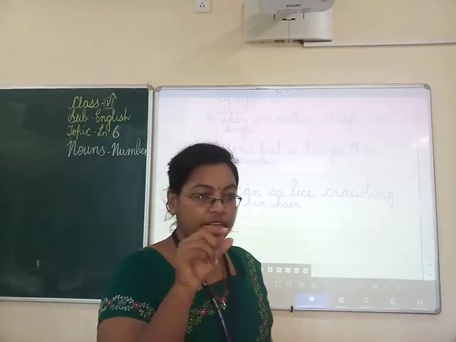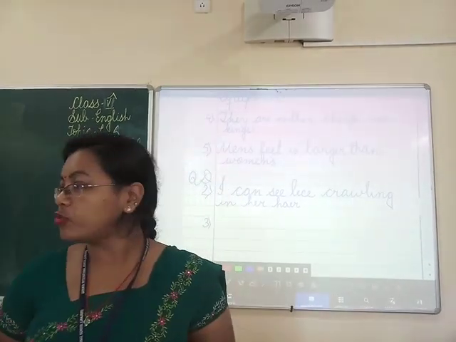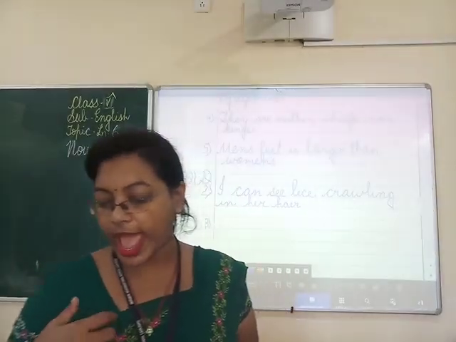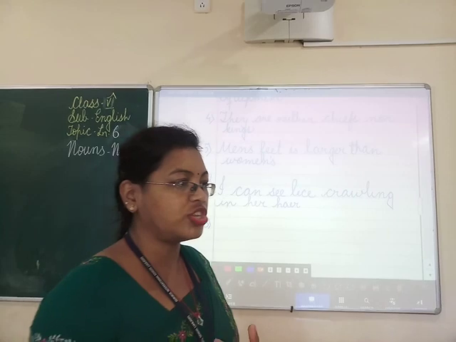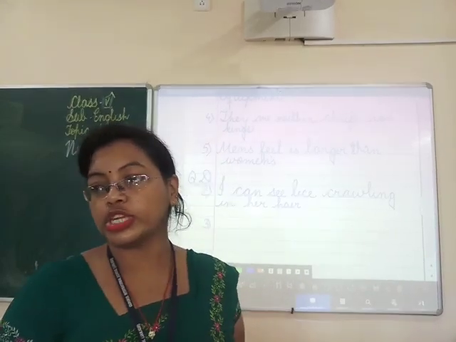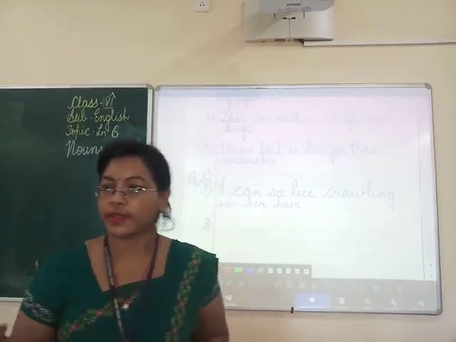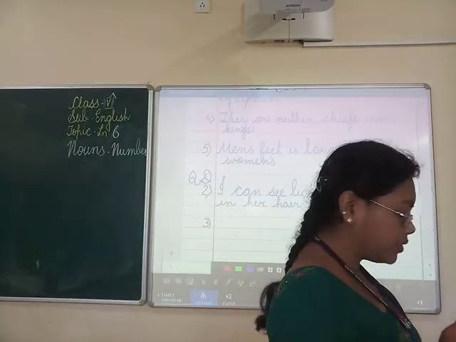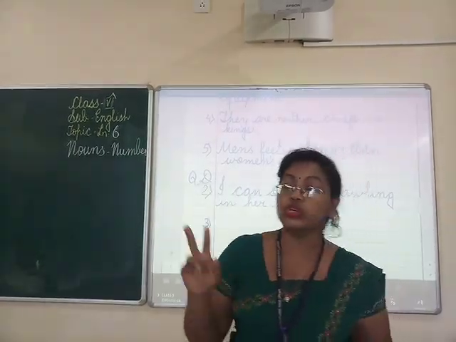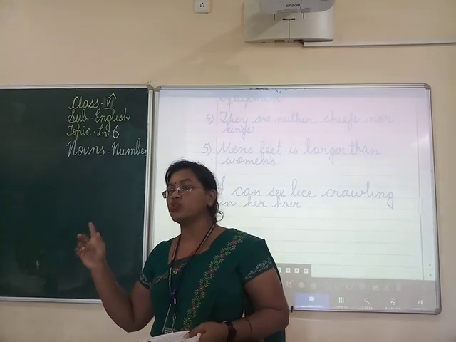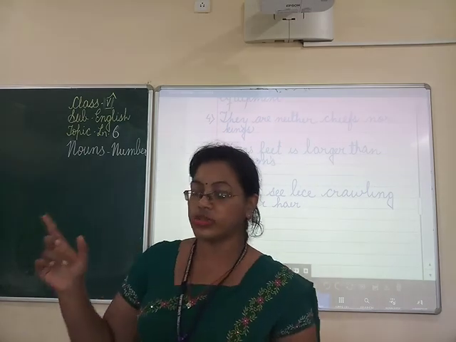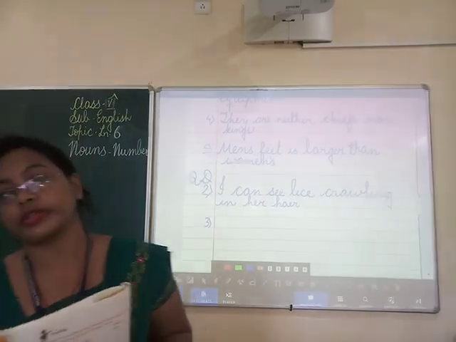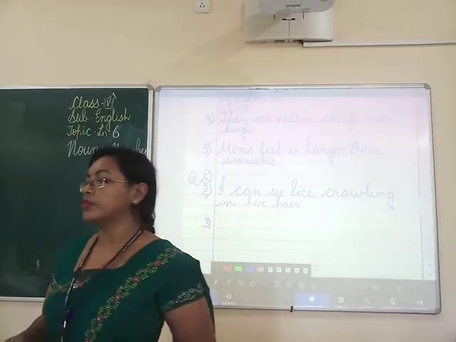So the word is ending with CH, then we have to add ES. So when we add ES, it becomes churches. But here he has given the word churchs. Yes or no? So you got the wrong word. There are two churches near Mohini's apartment. Got it?